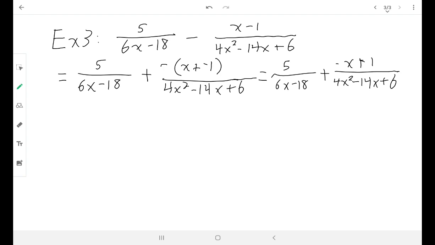Okay. Now I have to work on my denominators. And the first thing that I'm going to do with them is factor them apart as much as possible. Notice that in this first one, the 6x minus 18, I could factor a 6 all the way to the front of that and have 6 times the quantity x minus 3.